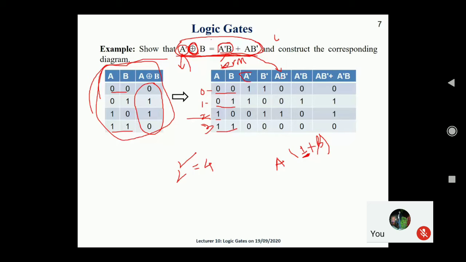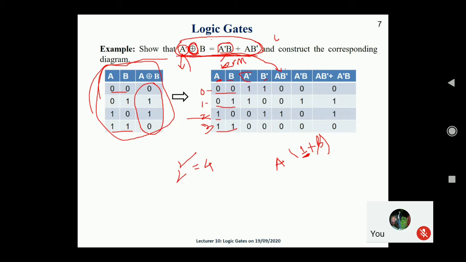A B bar means AND gate operations are there: this one is A, and this one is B bar. So 0, 1 is 0, 0, 0 is 0, 1, 1 is 1, and 1, 0 is 0. And what is A complement B? We multiply this one and this one: 1, 0 is 0, 1, 1 is 1, 0, 0 is 0, and 0, 1 is 0.